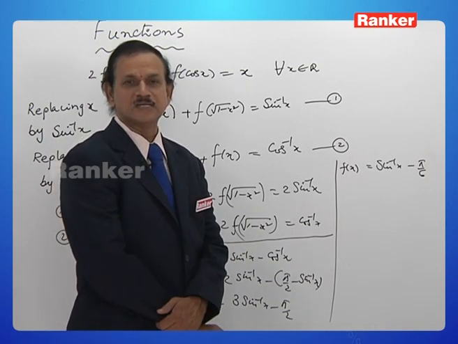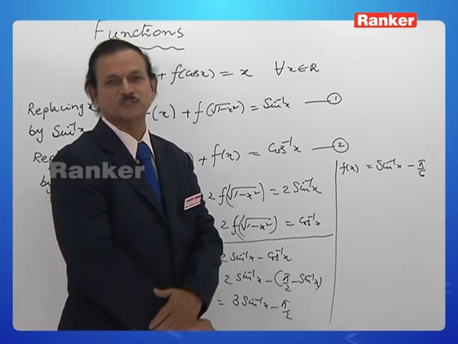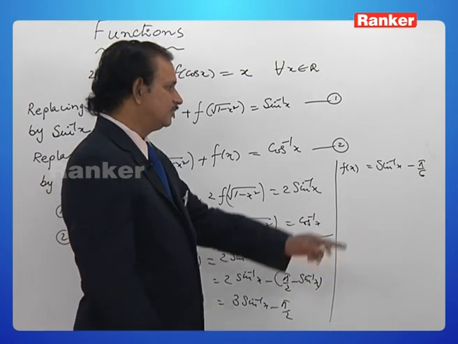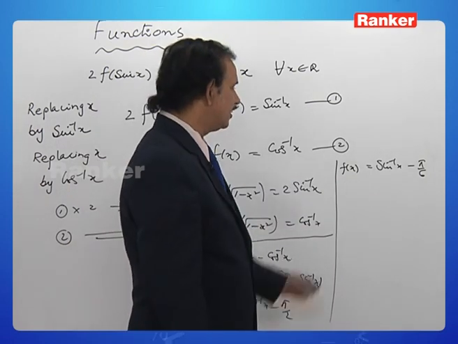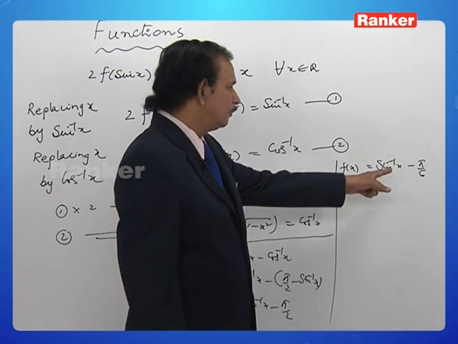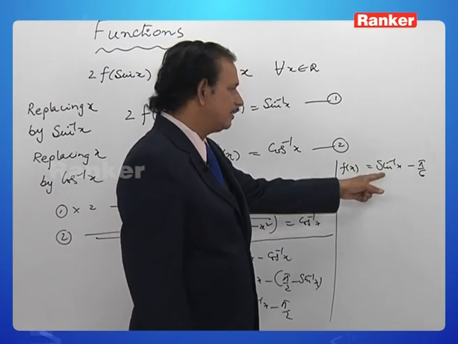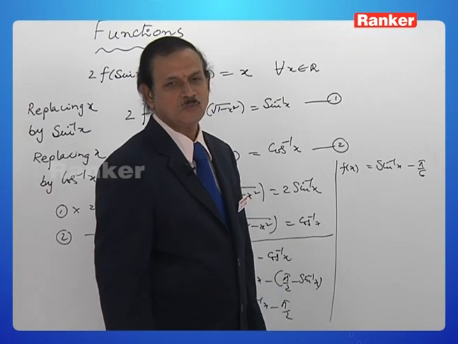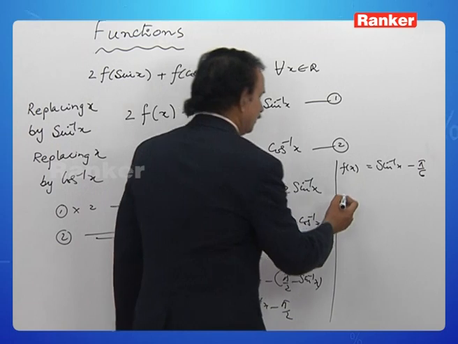Again, we know that sin inverse x ranges between minus pi by 2 and plus pi by 2. Therefore, the minimum value of this is produced by taking minus pi by 2 in the place of sin inverse x. Minus pi by 2 minus pi by 6.